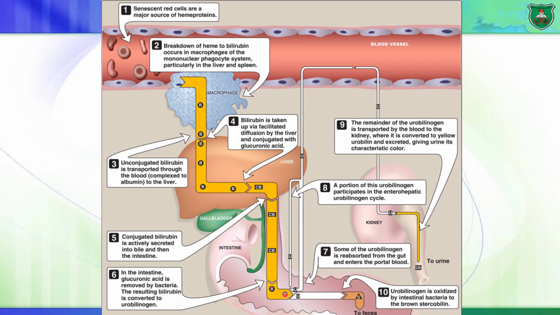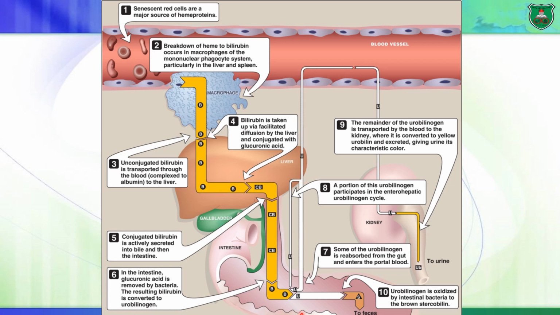Now this bilirubin can then be converted into urobilinogen. So right here you have urobilinogen. Okay? Now urobilinogen, some of it can leak out into the bloodstream. Some of it goes back into the large intestines, and some goes into the blood.